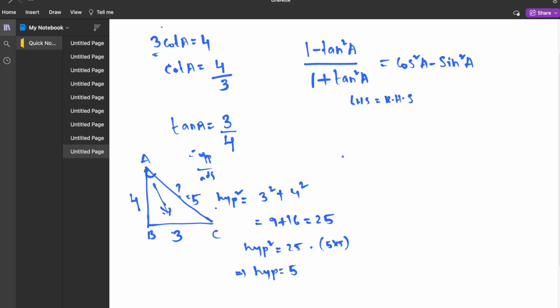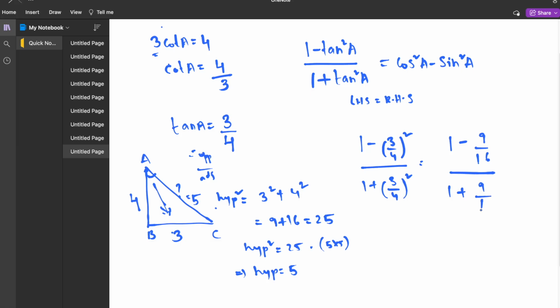Now let's substitute these values here. 1 minus tan² A: 1 minus (3 by 4) whole square, by 1 plus (3 by 4) whole square. So this we can write as 3² by 4², which is nothing but 9 by 16. 1 plus 9 by 16.